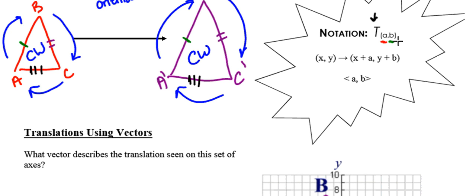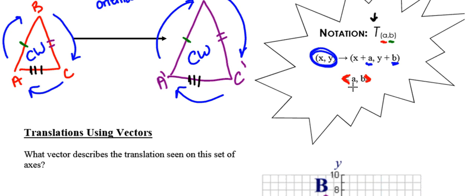Another way we can show the same notation is to show starting at a point with coordinates x, y, and moving it plus a in the horizontal distance and plus b in the vertical or the y distance. And then yet a third way that we can show this exact same notation is to use these special pointy parentheses.